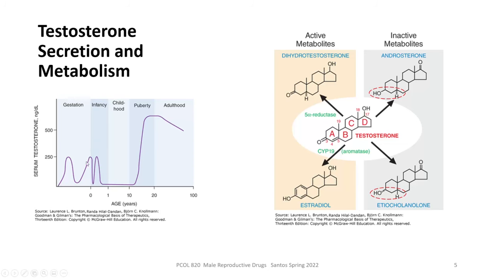During gestation, infancy, and childhood, the levels of testosterone oscillate between 0 and 250, then go almost to zero during a big part of infancy and childhood, and then peak around 12 or 13 years old during puberty, and along adulthood it decreases slowly.